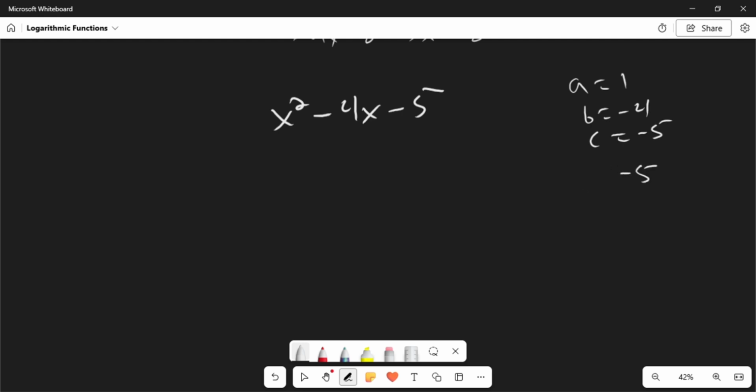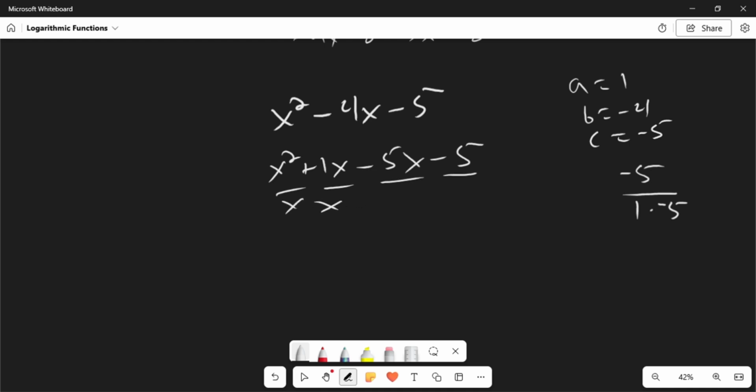We have -5. Okay, so 1 times, for example, -5 is -5, right? So let's have x squared plus 1x minus 5x minus 5. Let's factor by grouping here, and we're going to have (x plus 1)(x minus 5).